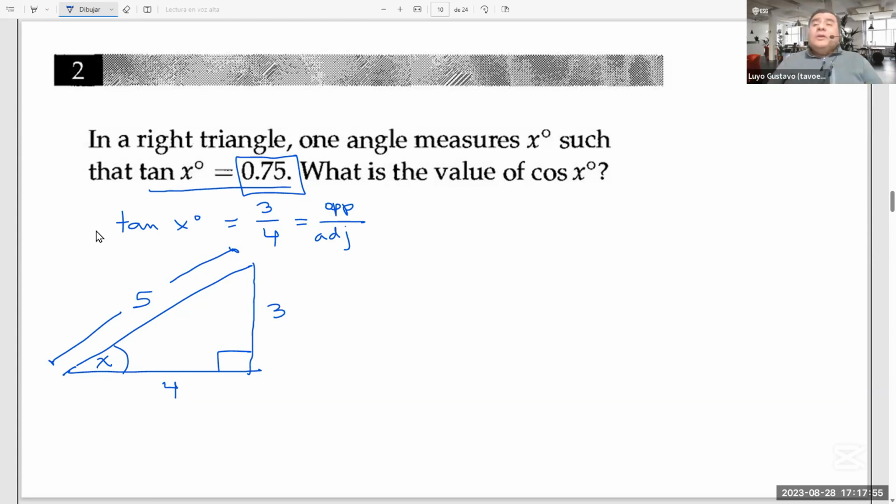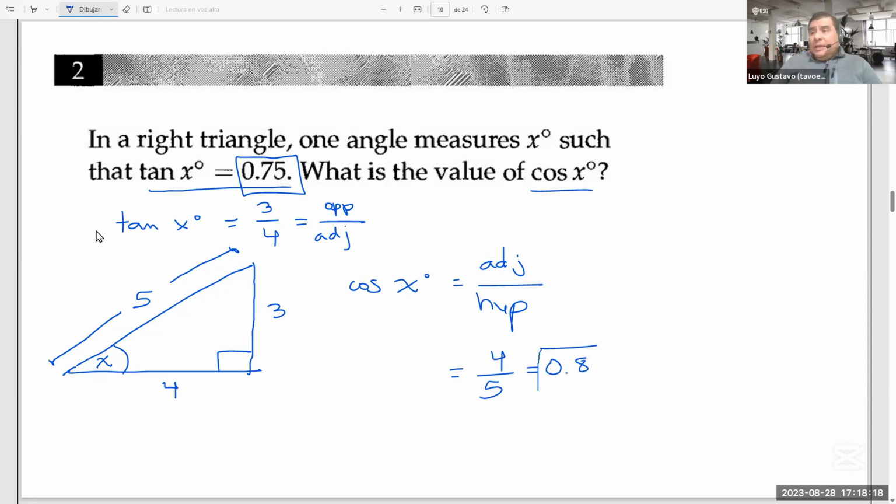So now that we have the triangle complete, we can easily visualize here how to calculate the cosine. The cosine would be actually the adjacent side divided by the hypotenuse. So what is the adjacent side? 4. What is the hypotenuse? 5. So this would be 0.8.